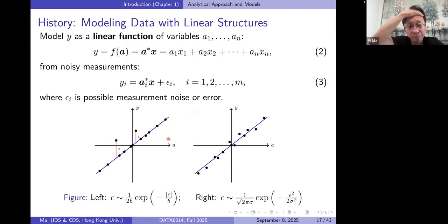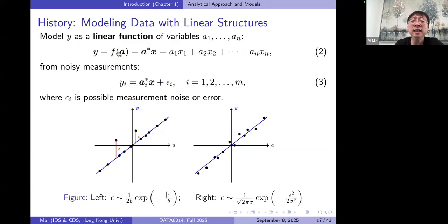So if we have some observations, some measurements, and we try to fit them: at a certain A, given some input, we see the response is Y. A is the variables, and when A changes, Y will change its value.